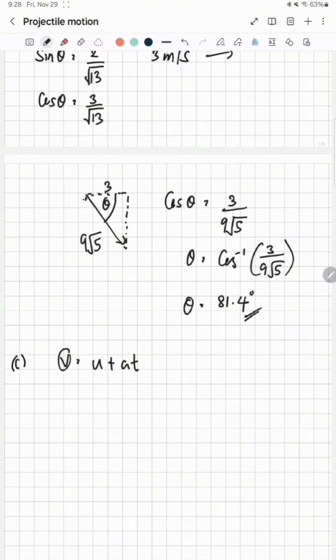And this time we take it along the vertical axis. So our velocity was 9 root 5, but we are going to put it to the vertical axis now. It's the velocity along the vertical axis, so it's going to be 9 root 5 sine theta, right?